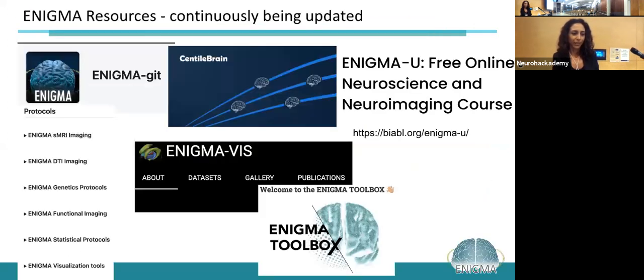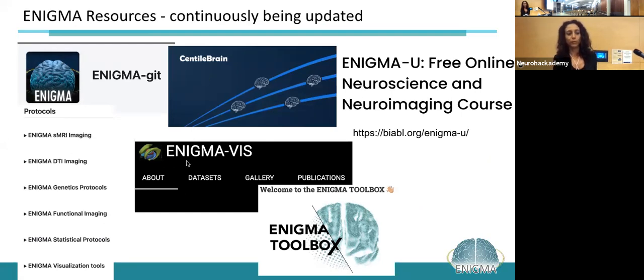I'm not going to get into the infrastructure that we're trying to develop for that, but I did want to point you to a few resources that might be of interest. A lot of these are on the Enigma GitHub. There's CentileBrain, which I mentioned.